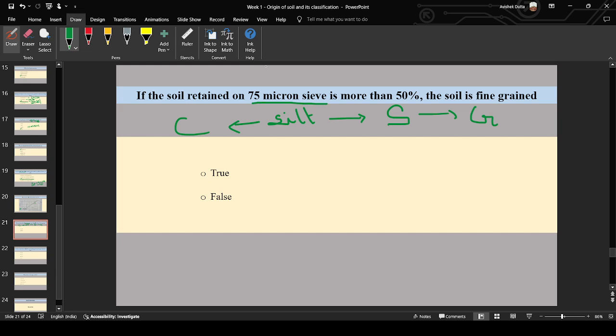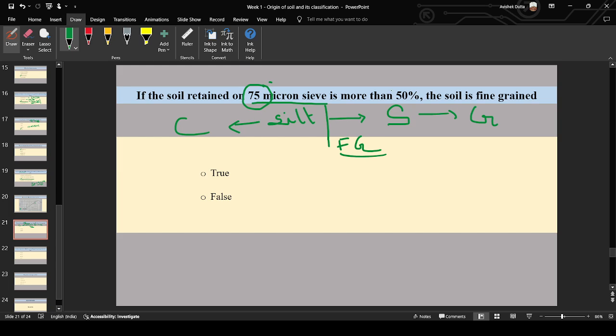Now, so 75 micron, this is the boundary for the fine grained soil. So if the soil retained on this size of sieve is more than 50%, that means more than 50% of the soil mass are having a size of more than 75 microns.